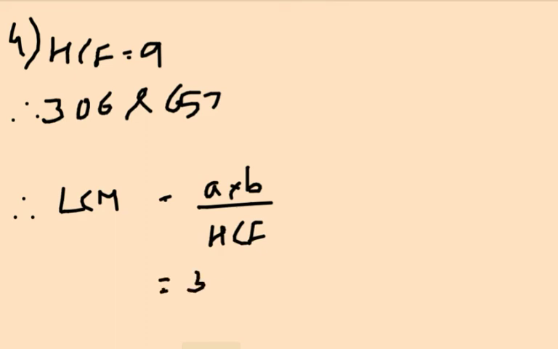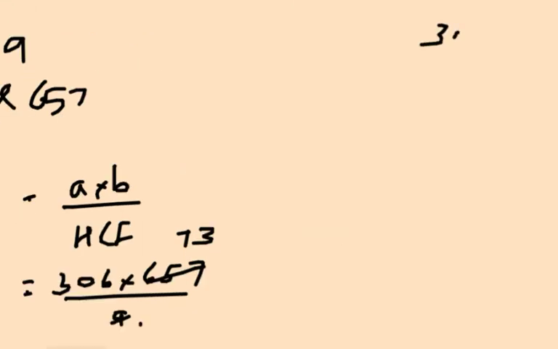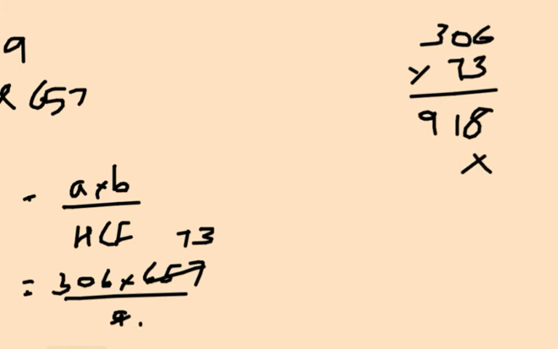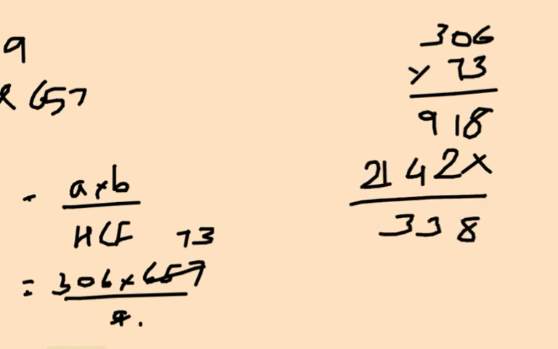So 306 into 657 by 9. So we cancel it, we get 73. So 306 into 73, I get 22338.